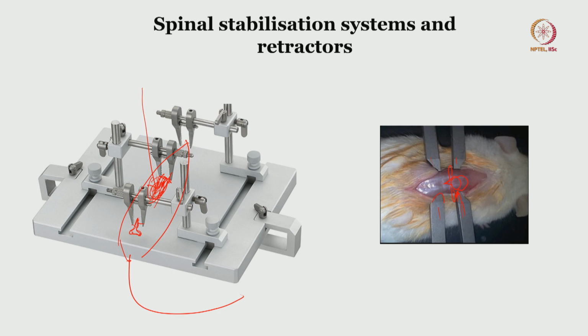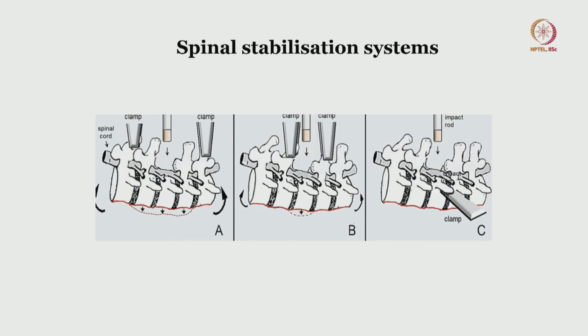So this sort of stabilization system is pretty important before we proceed to the next step. Alright. So here is the system in comparison, various levels and various technique of using the fixators and the clamps.